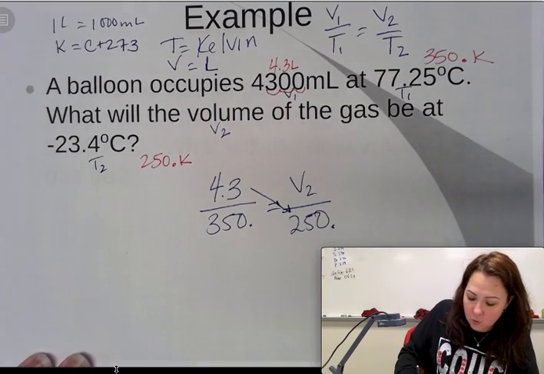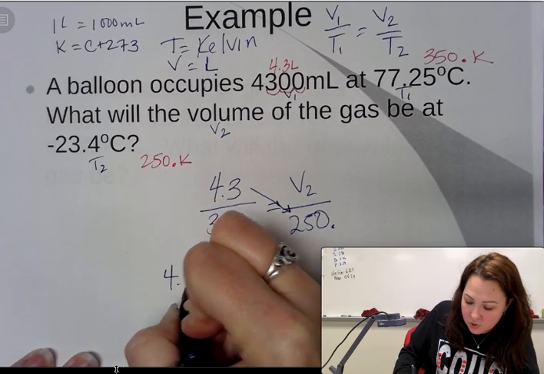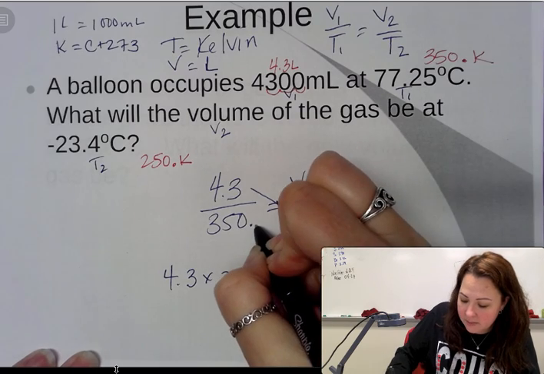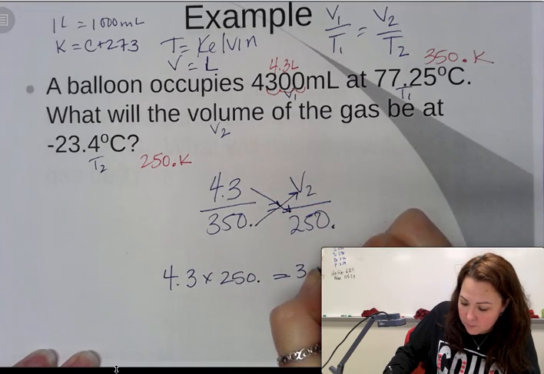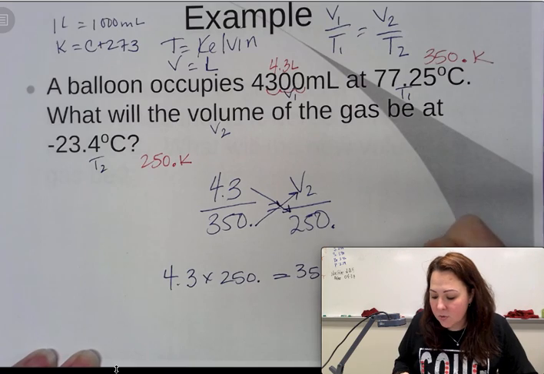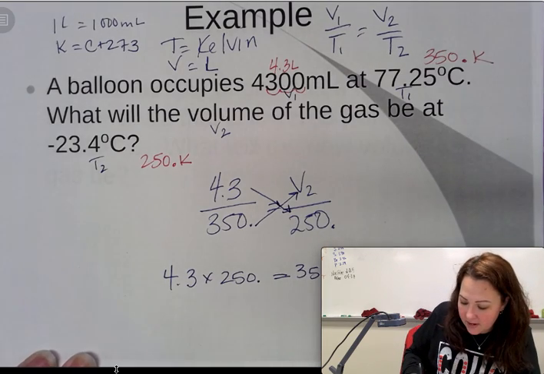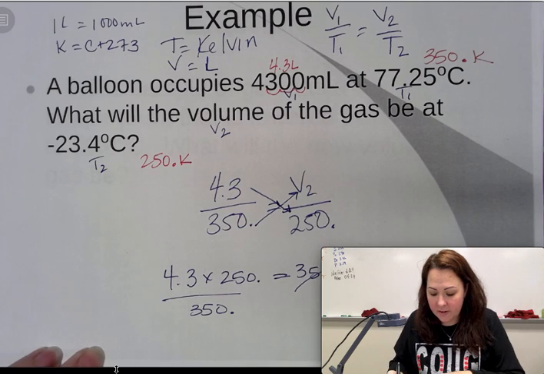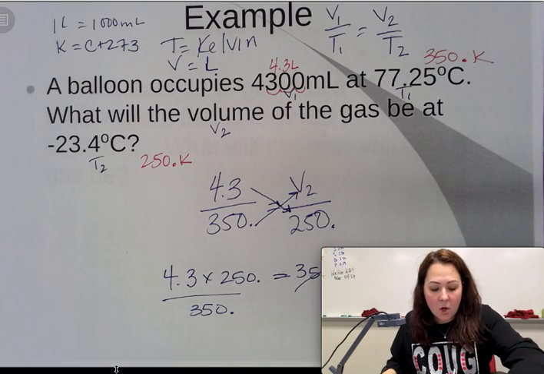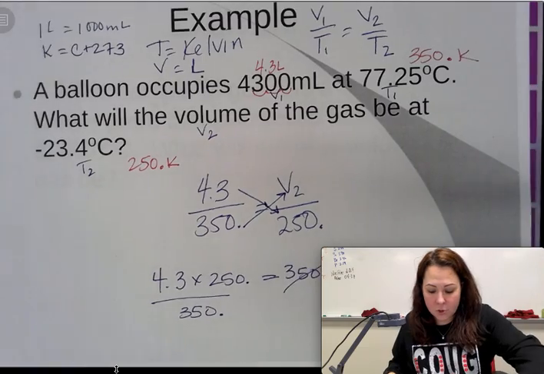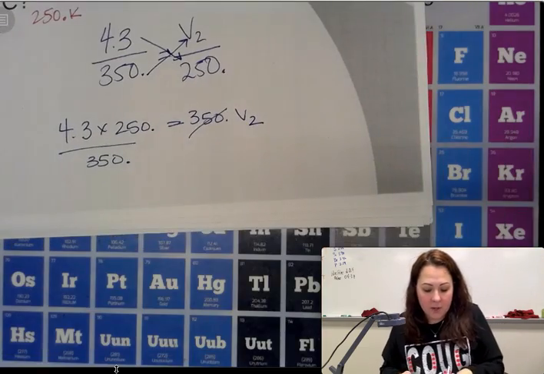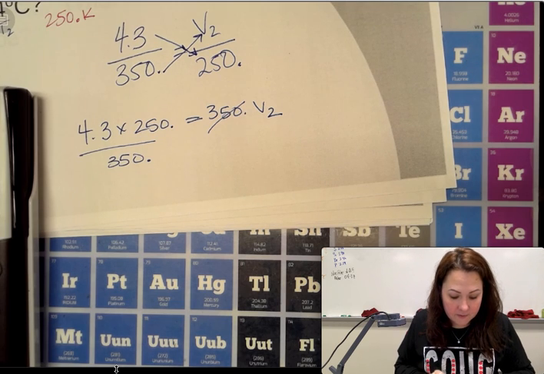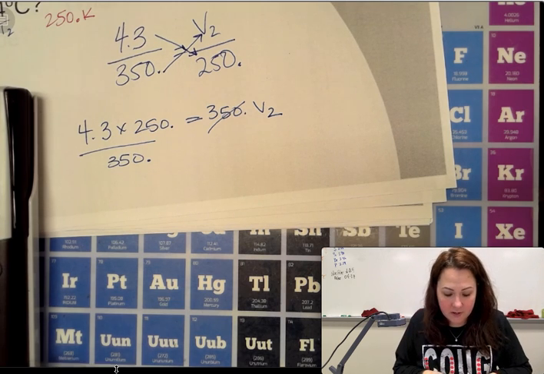So I'm going to take 4.3 times 250 is equal to 350 times V2. So to get V2 all by itself, I'm going to divide by 350 on both sides. So now, in order to do the math here, I'm going to pick up my calculator and I'm going to do 4.3 times 250 divided by 350.